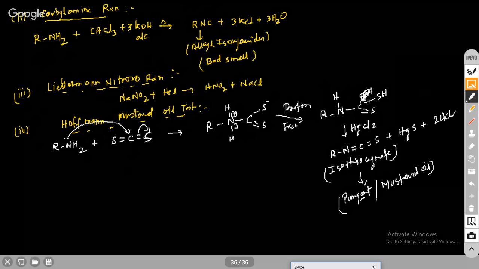Now here you see this hydrogen will take this Cl. This is for 1 degree amine, you write down.